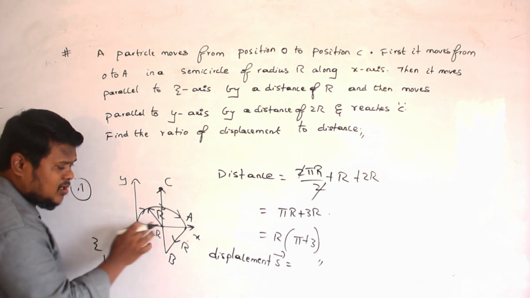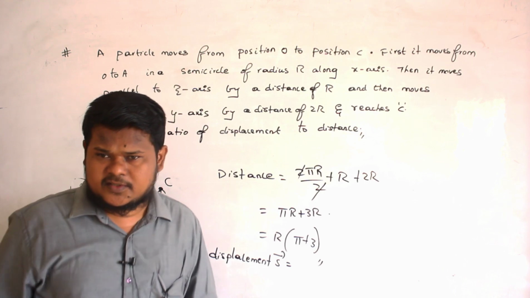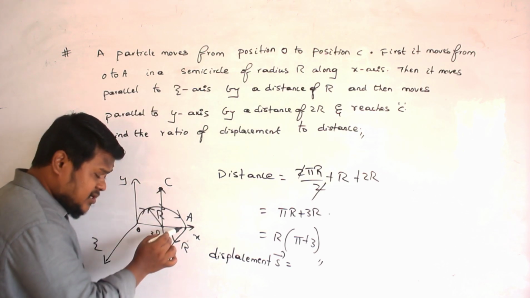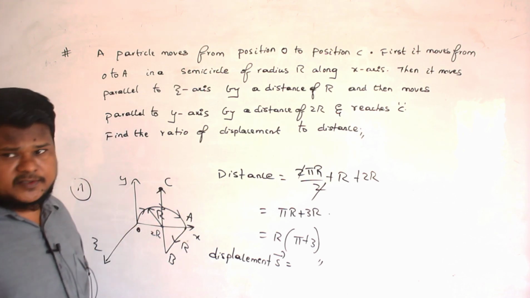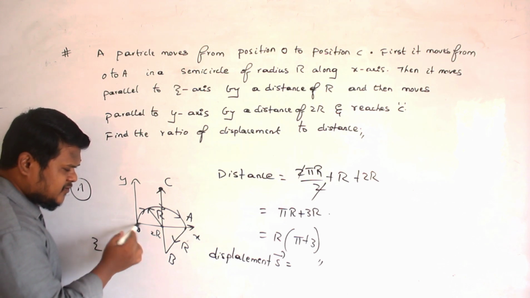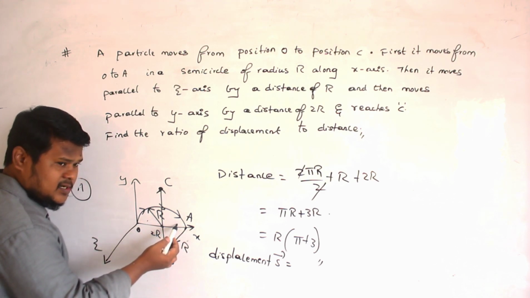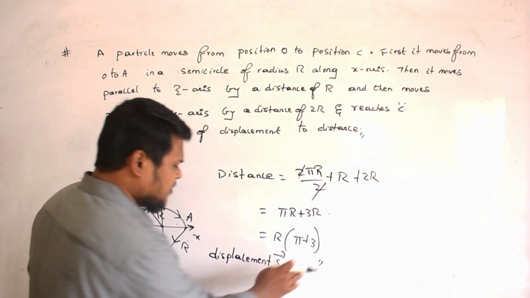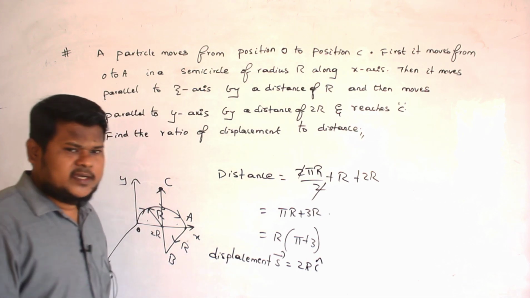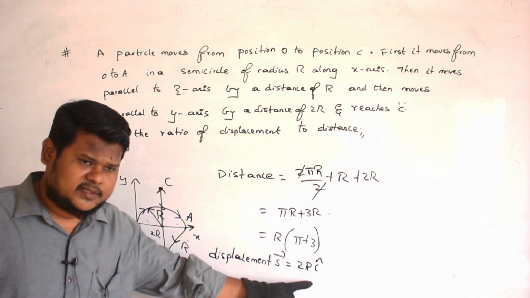Can I write 2r i cap? Because that displacement is along x-axis only. Now we are not supposed to consider this length. If you take this length of the semicircle, that will become distance. But I am taking displacement, the shortest path between the first point and the second point. Shortest distance is nothing but this only, no? r plus r, 2r. So I will write displacement is 2r i cap. Why i cap? Because that is the displacement along x-axis.